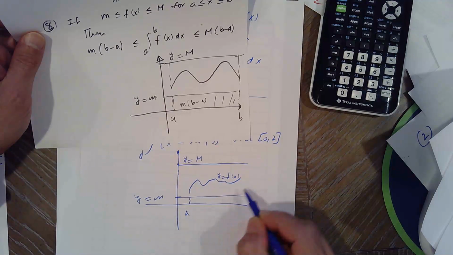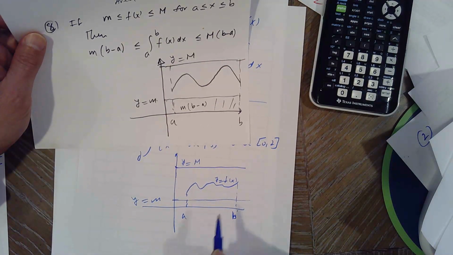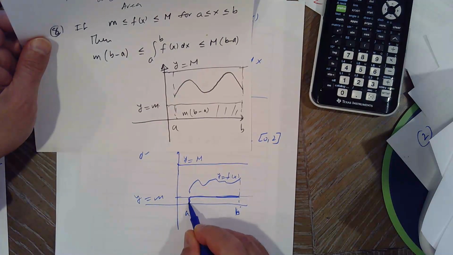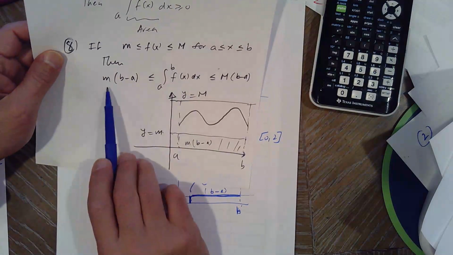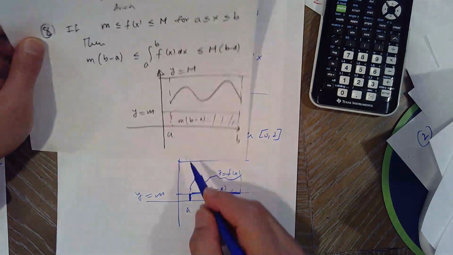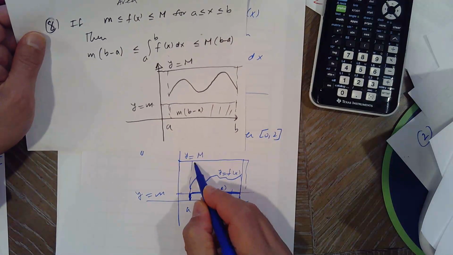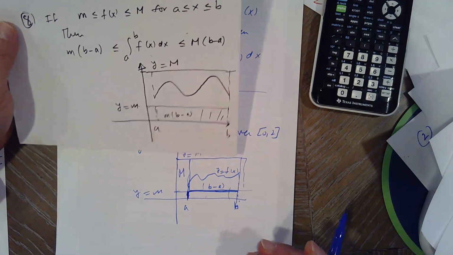Then what this says, if you take the rectangle formed by m and b minus a, m times b minus a is less or equal, the area under the curve of f of x is less or equal to big M times b minus a. I mean, it's common sense. Okay.